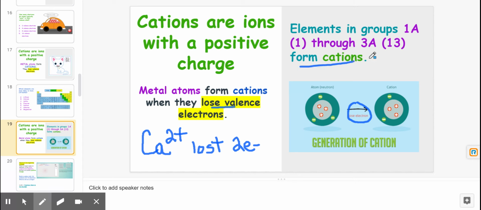We can use this rule: elements in groups 1A or 1 through 3A or 13 are going to form cations. That's going to be a good rule to really help us in terms of what will form a positive ion.